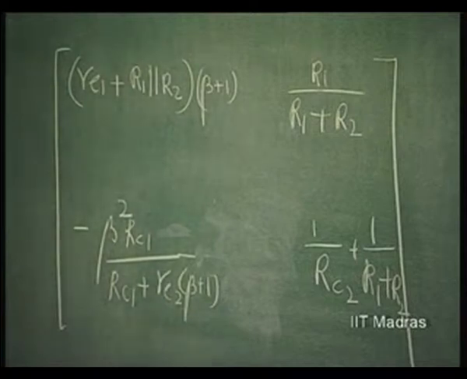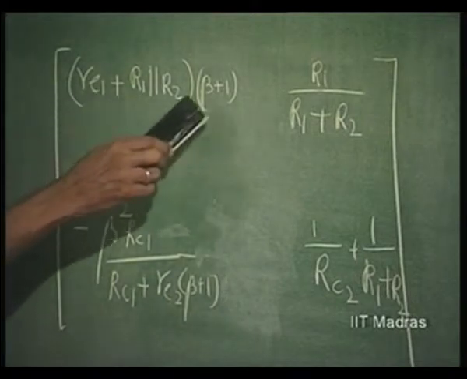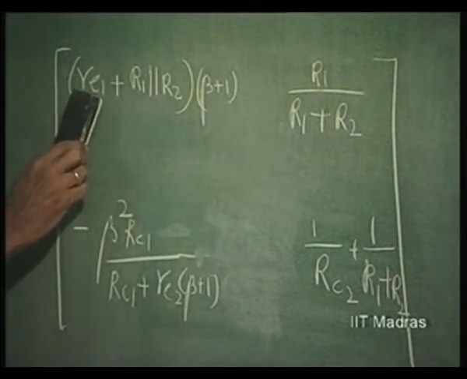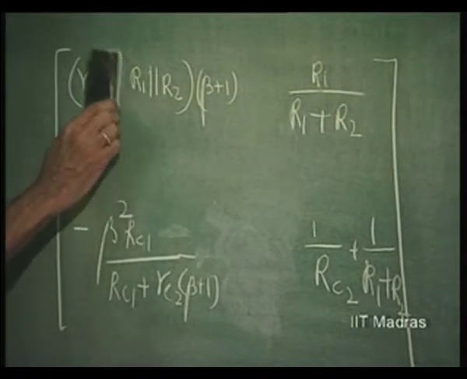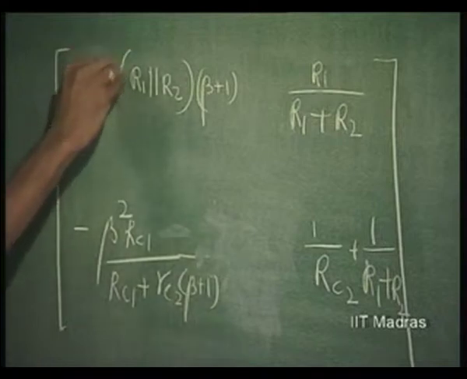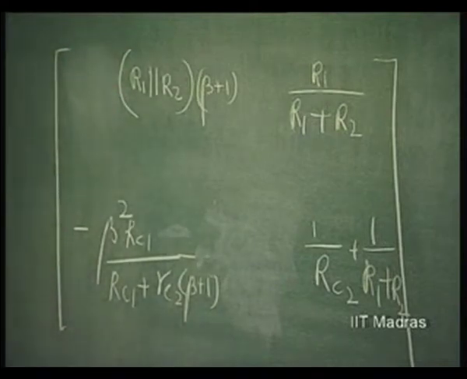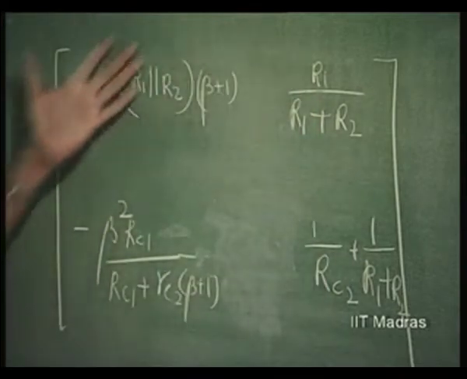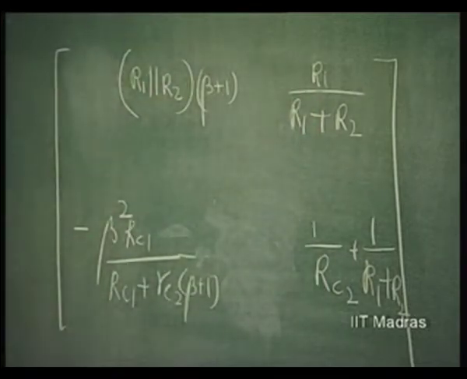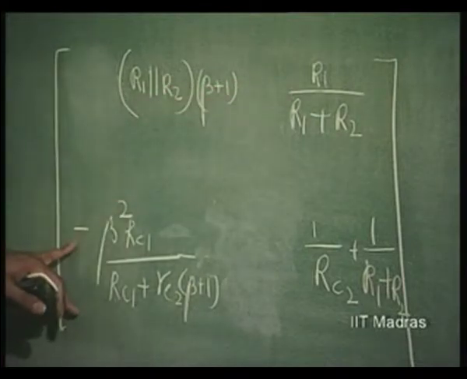Here all can become comparable except RE1, which is very small compared to R1 parallel R2 normally. So we have simplified these parameters now. These parameters will establish the loop gain as negative here. So this is negative feedback.